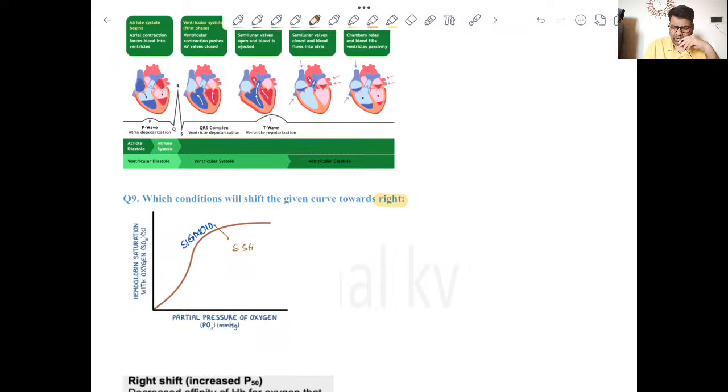Okay, and what we can see here, partial pressure of oxygen and hemoglobin saturation on the two axes. So when I say shifting, this is of course the oxygen hemoglobin dissociation curve, right?